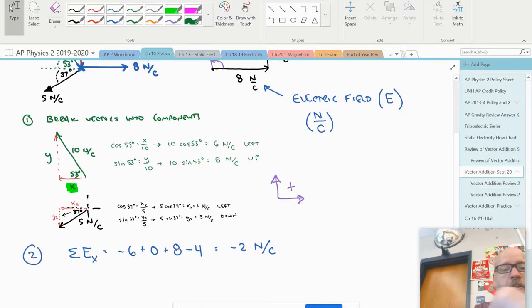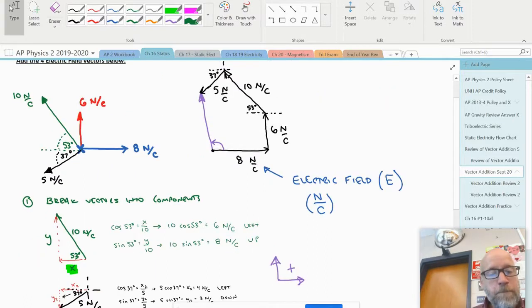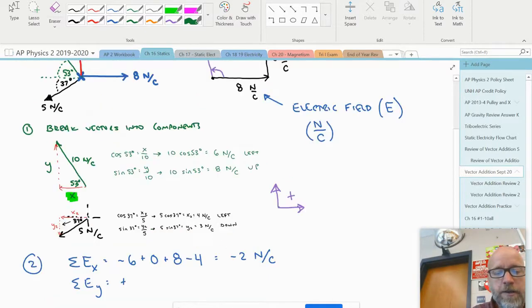in the y direction, I can solve for pretty easily. It's going to be the component right here of that green vector, which is 8 newtons per coulomb up. So plus 8 plus the 6.